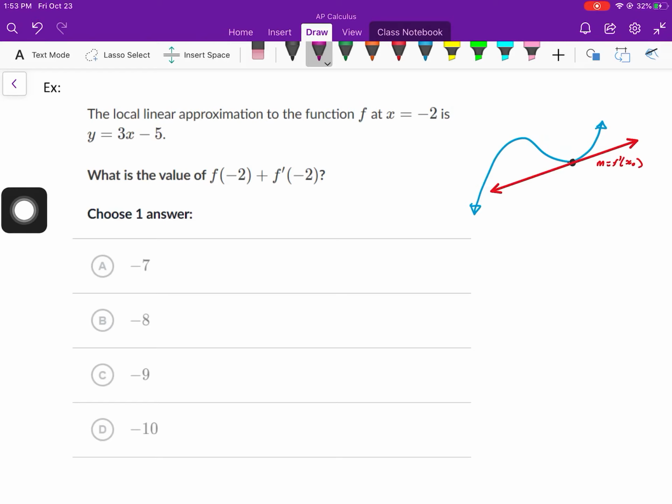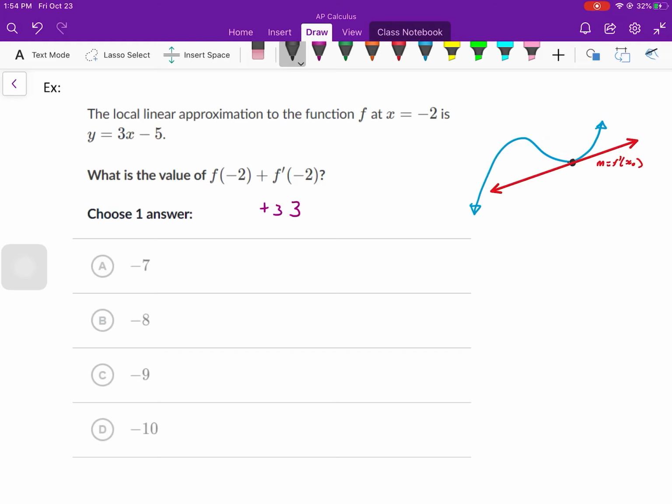The slope of this tangent line is going to represent f prime of negative 2. Okay, great. But also, the point of intersection on the tangent line is the exact same as the function. That's the one time it's the same for sure. It shares that same output with the function.